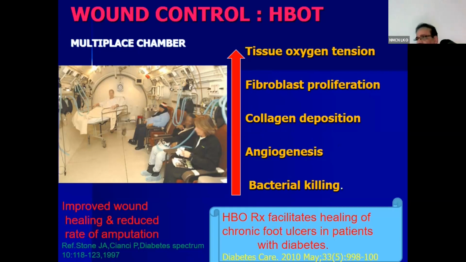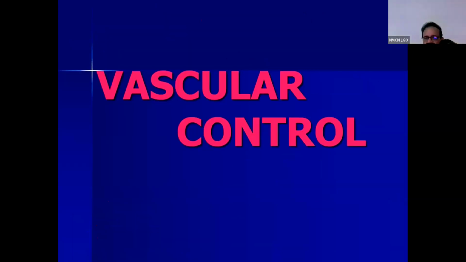And then this graft failure is there. There it is effective, but it is not very effective in neuropathic ulcer. Mind it, a number of doctors refer for this HBOT unnecessarily, and the patients are paying a lot of money for this HBOT. So neuropathic ulcer, in my opinion, there is no role, but definitely in vascular or pre-gangrenous ulcer and gas gangrene cases, you can advise for it.